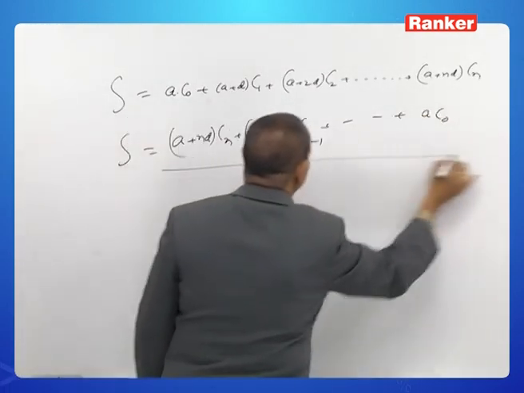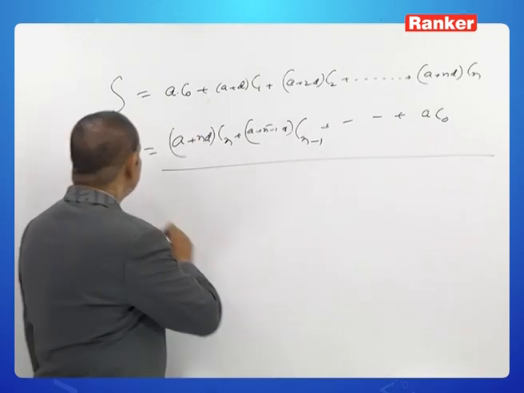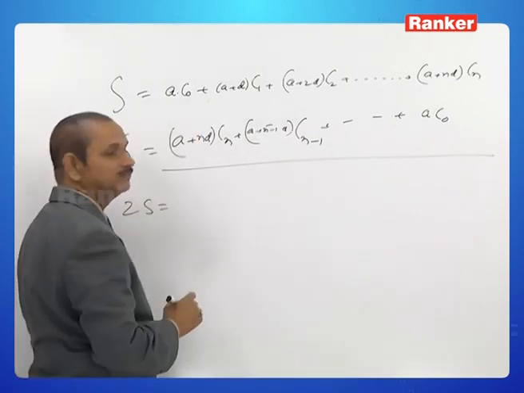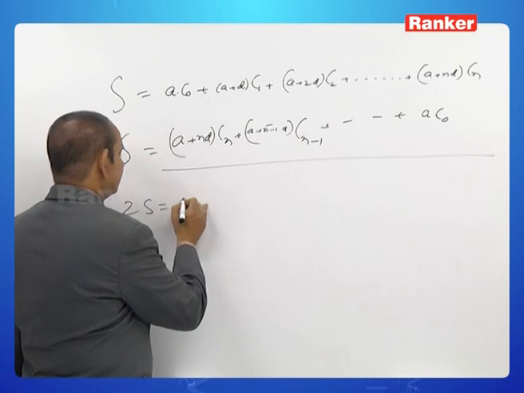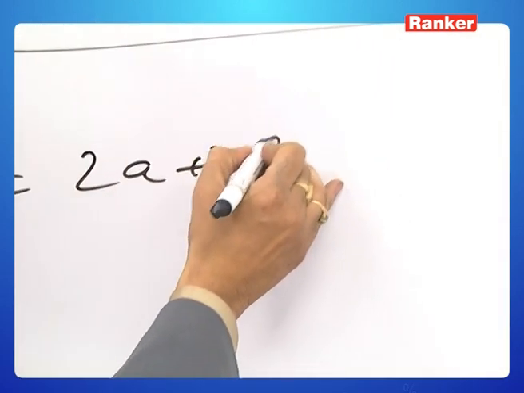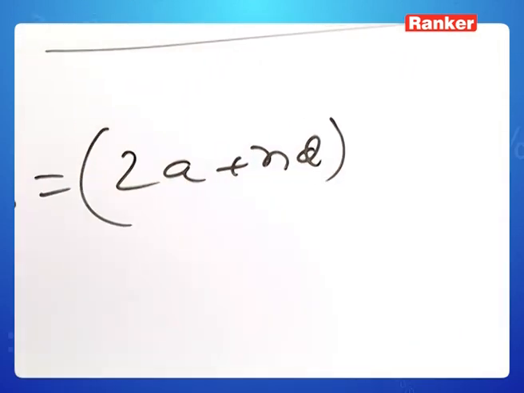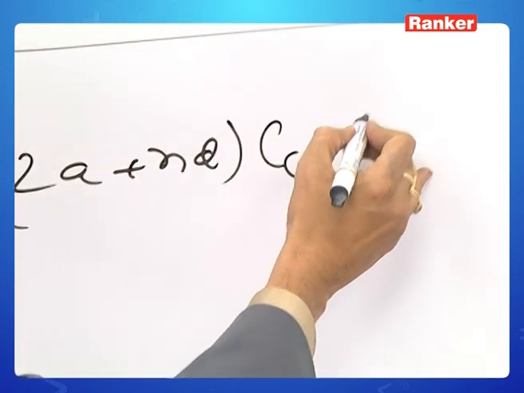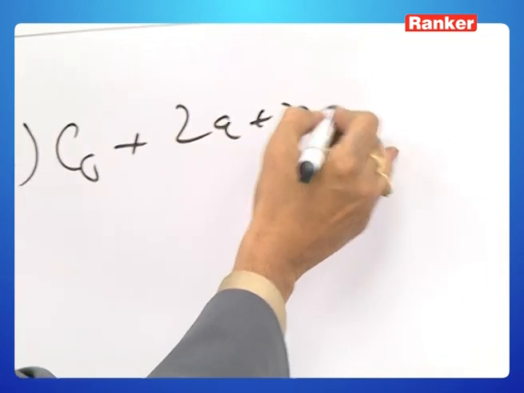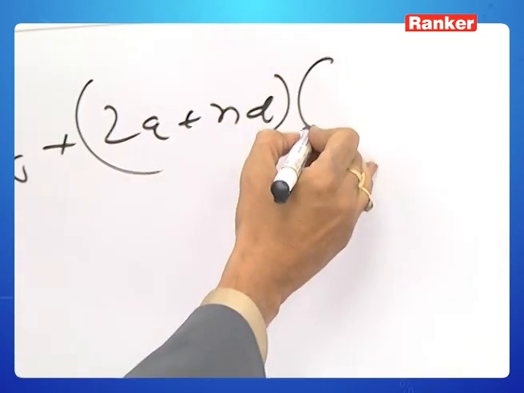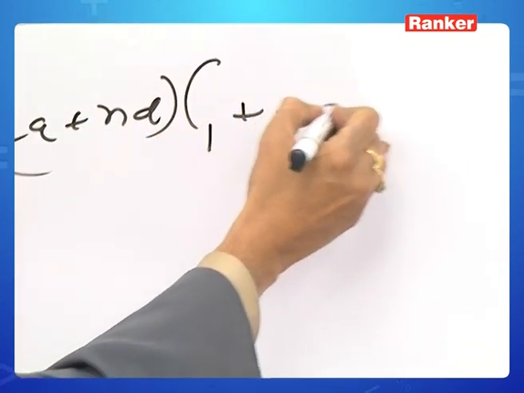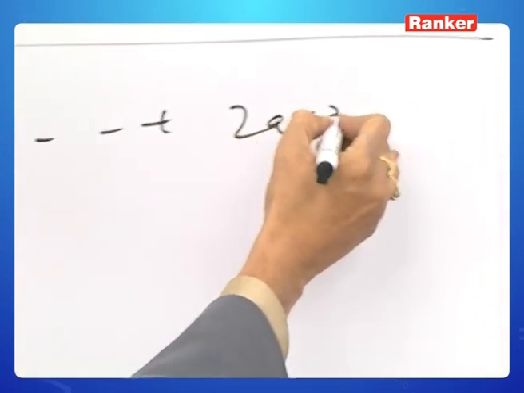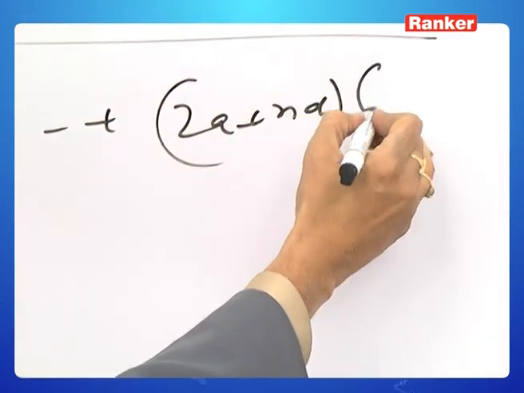You add all of them. 2S is equal to (2a plus nd) into C0 and Cn, they are equal, plus (2a plus nd) into C1 and so on, (2a plus nd) into Cn.